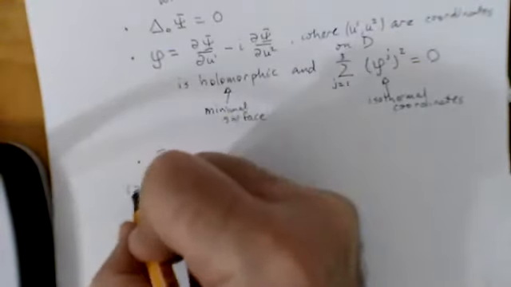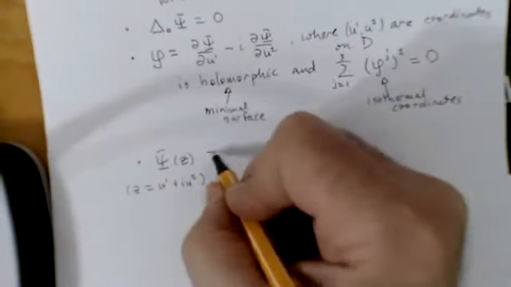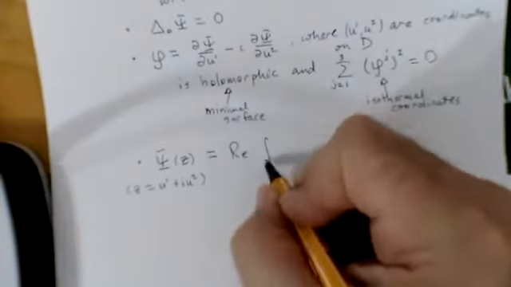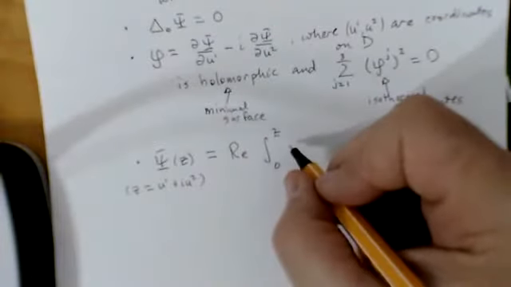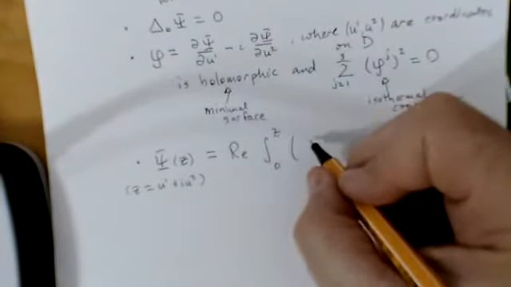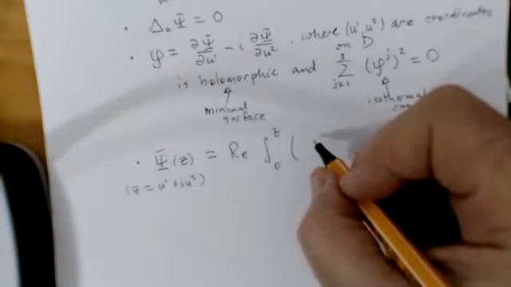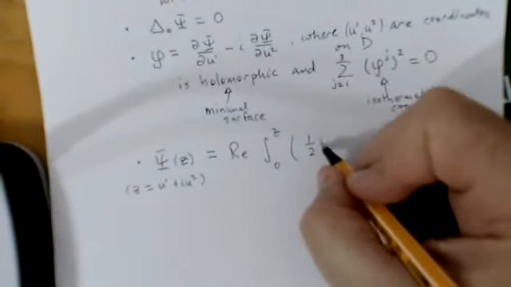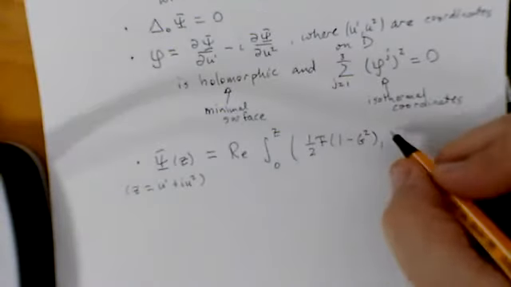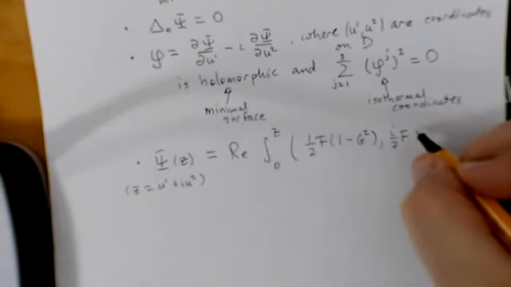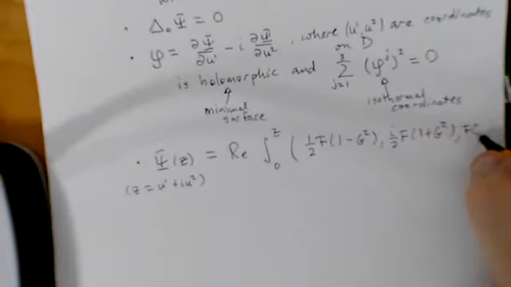So here, z I should think of as u1 plus i u2, is the real part of a line integral from 0 to z of the vector I get by taking 1/2 f(1 minus g squared), i over 2 f(1 plus g squared), f g.